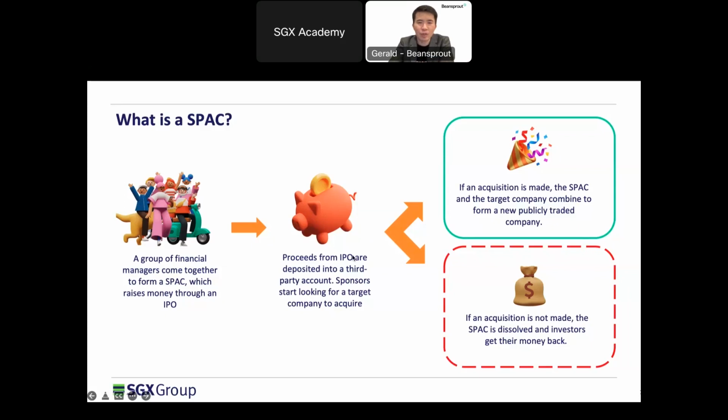So in a nutshell, this is really what SPACs are about. Effectively, they are a blank check company which is just there to find companies to acquire.